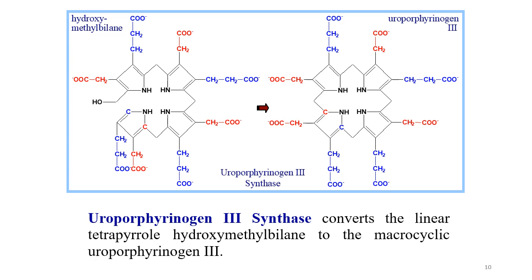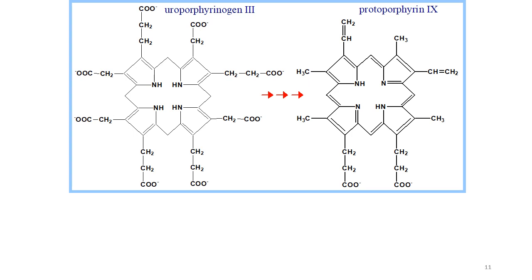This uroporphyrinogen 3 formation is catalyzed by the uroporphyrinogen 3 synthase enzyme. The side chains of this uroporphyrinogen 3 then undergo different types of modification to first form coproporphyrinogen 3. This coproporphyrinogen 3 then gets transported again to the mitochondria.